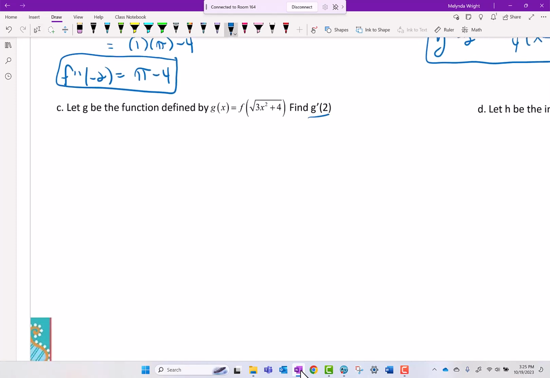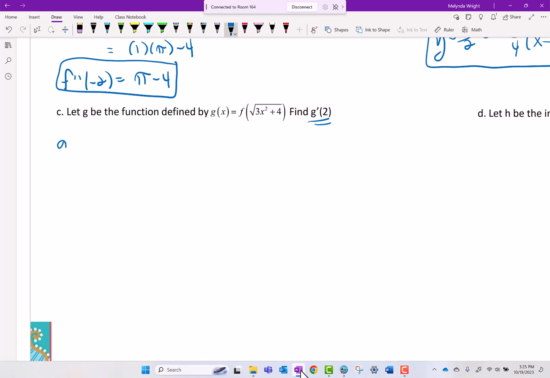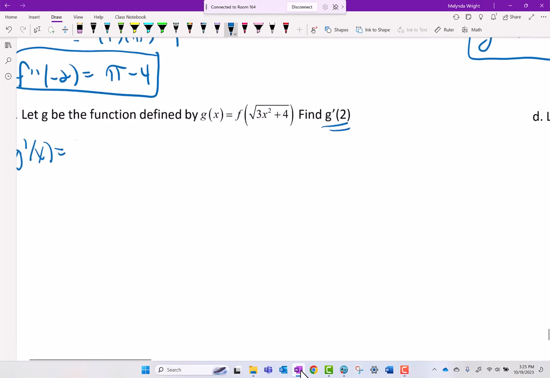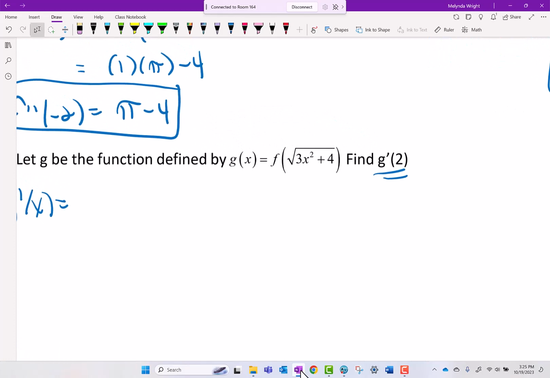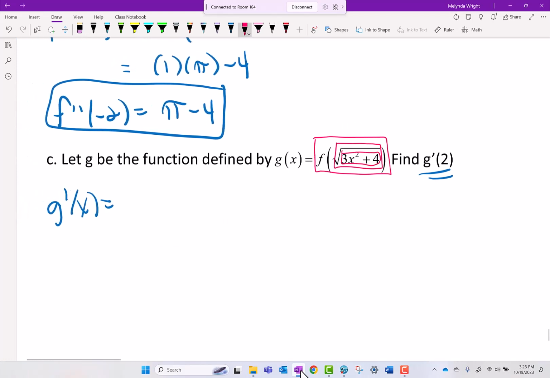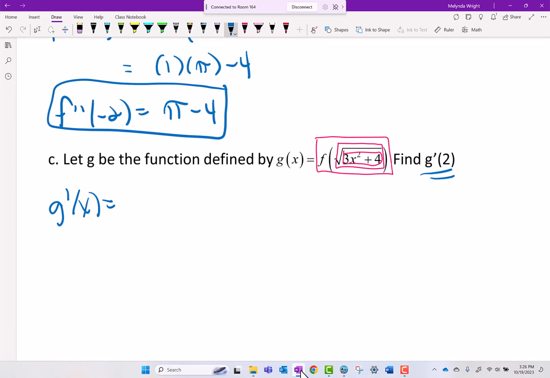All right, so g prime of x equals. This is definitely a chain. We're going to pull it apart. So this is the outside part, f. This is the inside part, and then this is the inside part. So f prime of, copy all that stuff. Just copy it down.